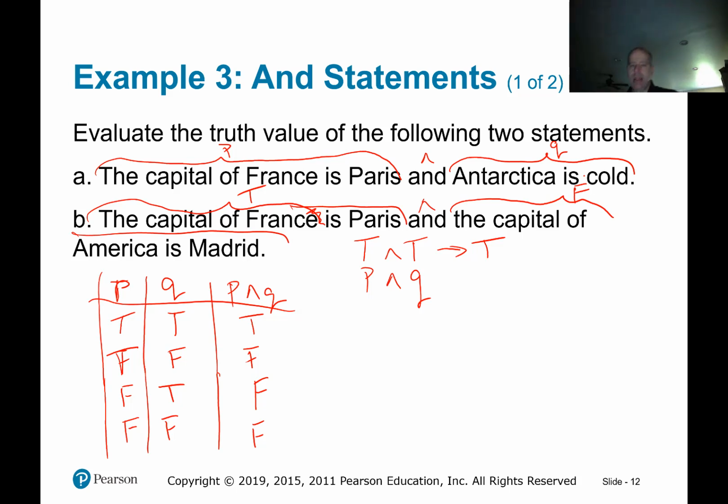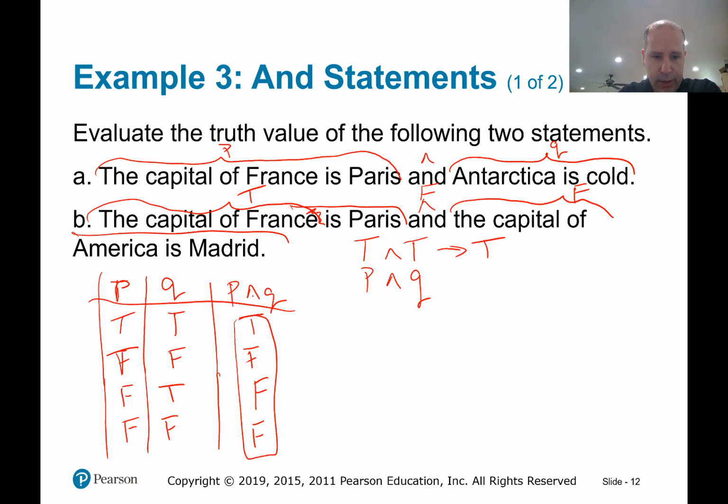So that's a false statement. And so therefore, the whole thing, and I'm going to put it above the and, is false. Okay. And notice how I wrote the truth values underneath the and symbol. Again, just a little best practice when it comes to truth tables.